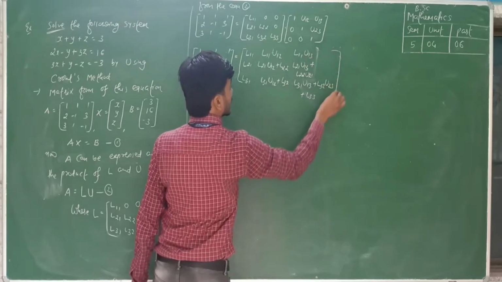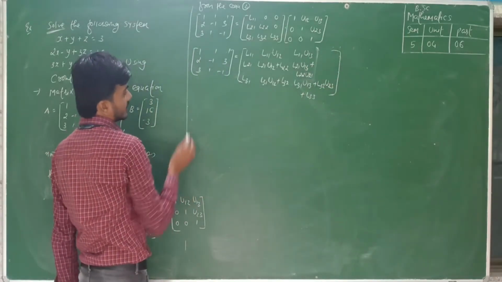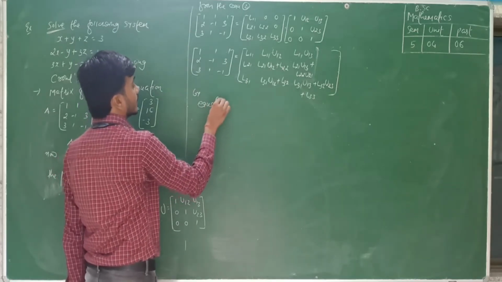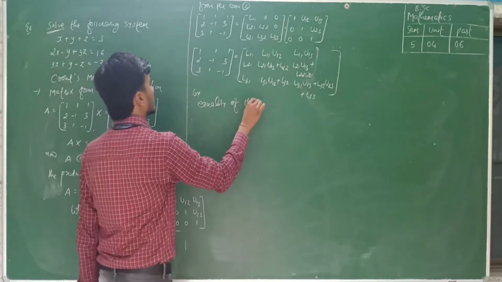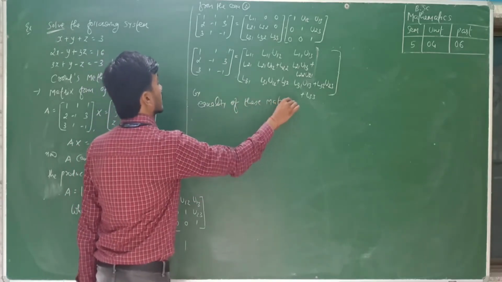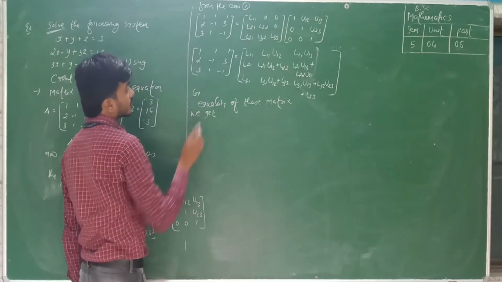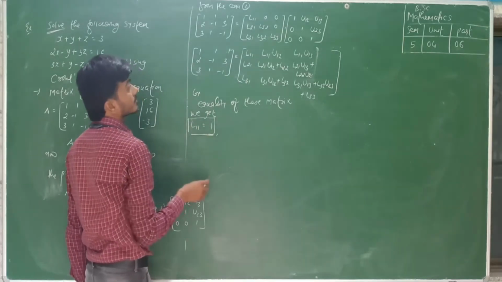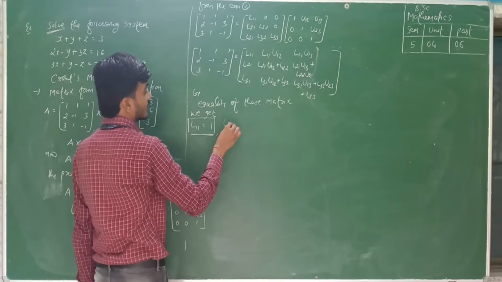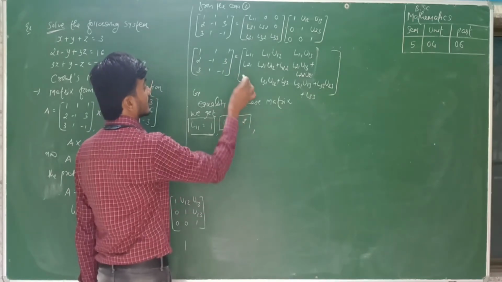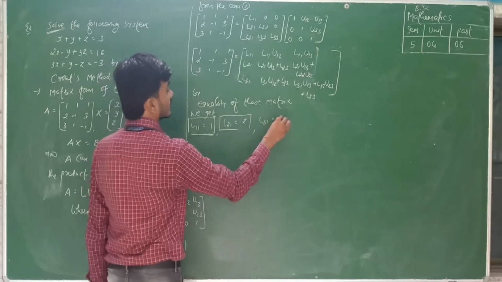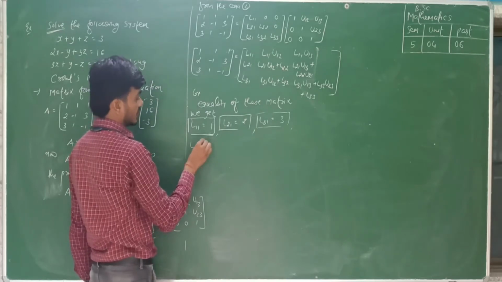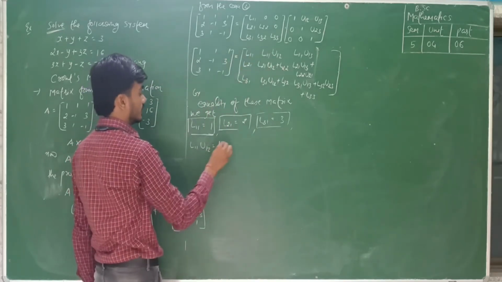So L33. By comparing the equality of these two matrices, we get L11 is equal to 1, L21 is equal to 2, L31 is equal to 3, and L11 into U12 is equal to 1.